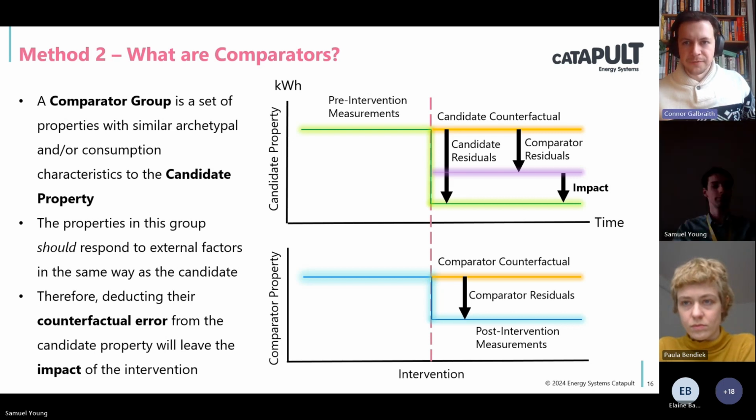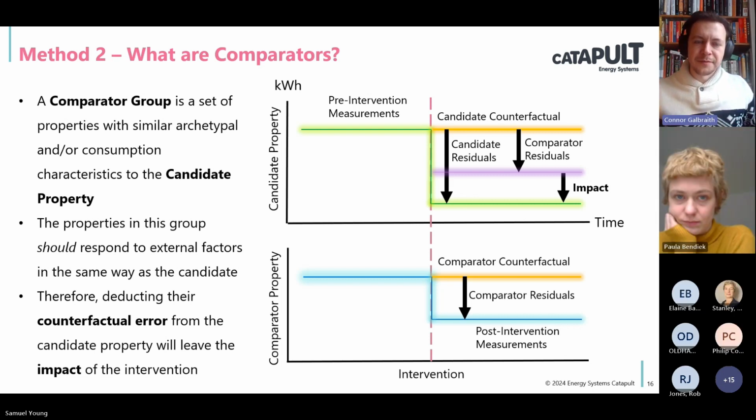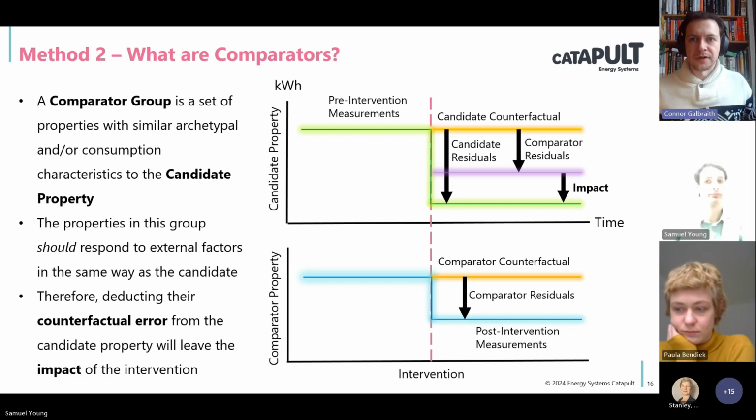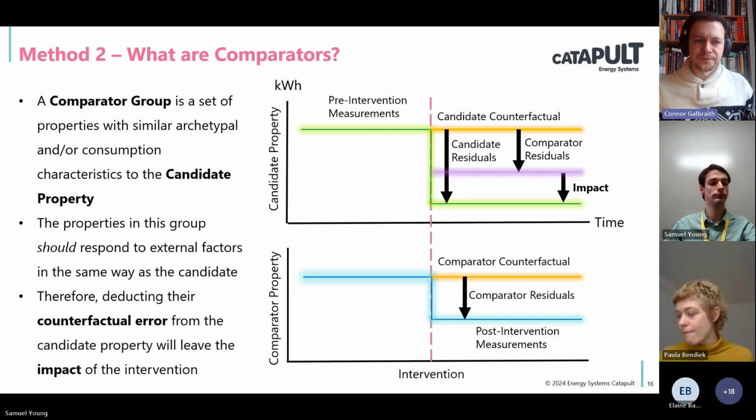So much like the null hypothesis in the testing of the OpenEE methodology alone, once we remove the comparator properties error from the candidate property, we expect the accuracy to tend towards 100%. We expect it to get better at predicting the consumption during the reporting period.